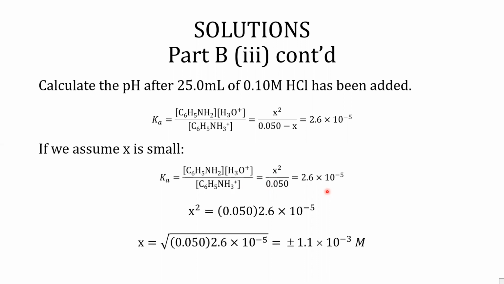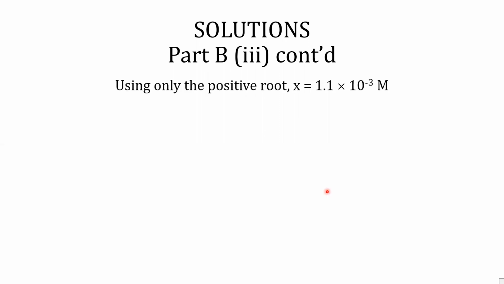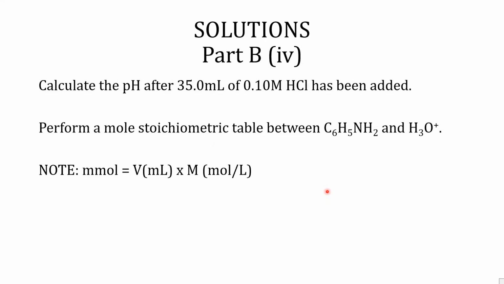The final value for X is plus or minus 1.1 times 10 to the minus 3 molar. Using only the positive root, X equals 1.1 times 10 to the minus 3 molar. The pH of this solution is the negative log of H3O+, or negative log of 1.1 times 10 to the minus 3, which is 2.96.